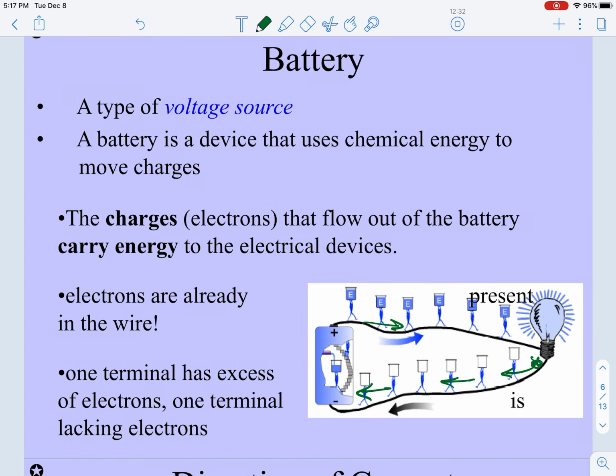Okay, so again, voltage is a ratio that tells us how much energy is available per coulomb of charge. So we have areas in our circuit, and actually terminals, poles, whichever word you prefer to use, on our voltage source that have different electric charges or different amounts of potential energy.